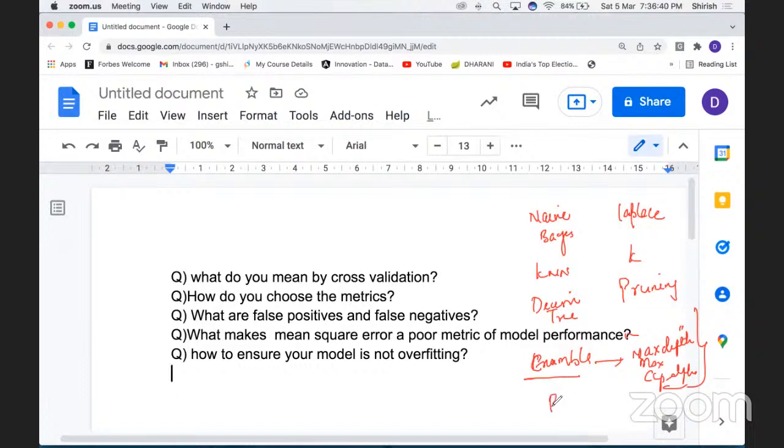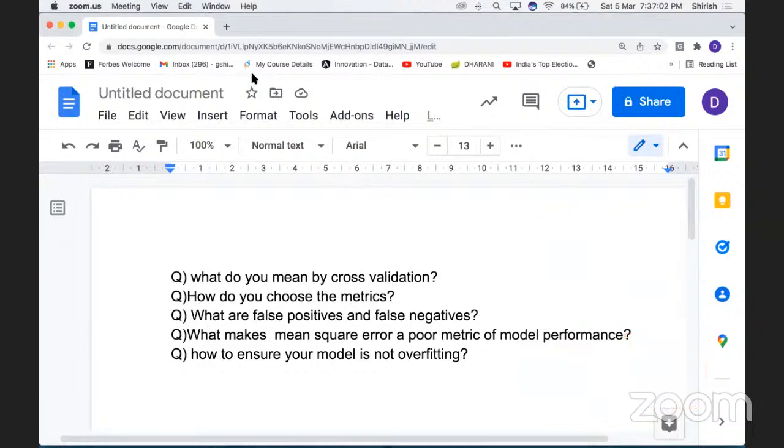When you go for regression techniques, you will have L1 and L2 norm, which are regularization techniques that will help us to do this.